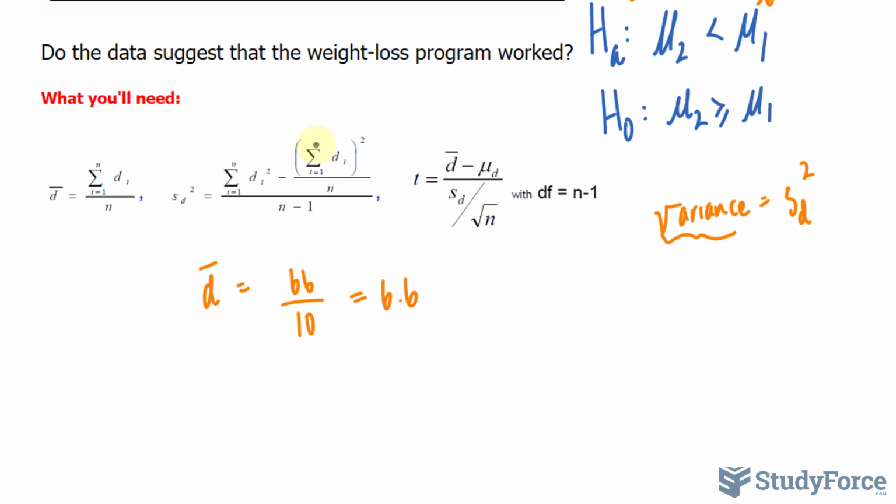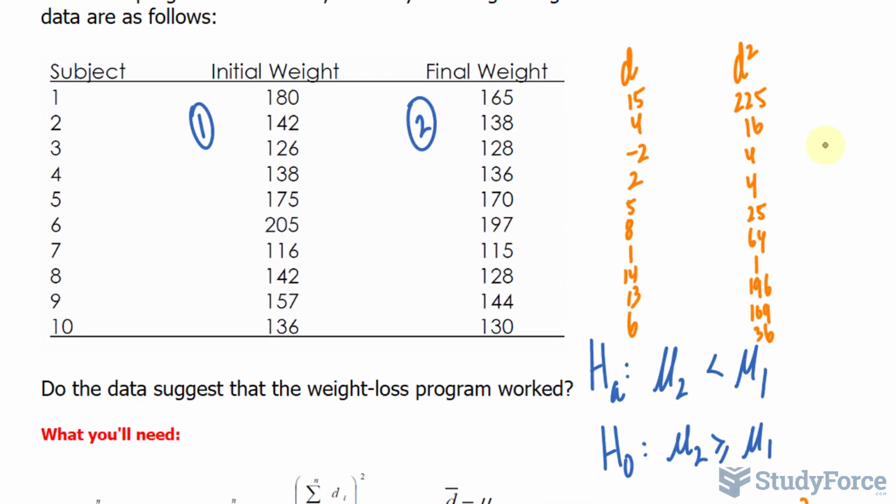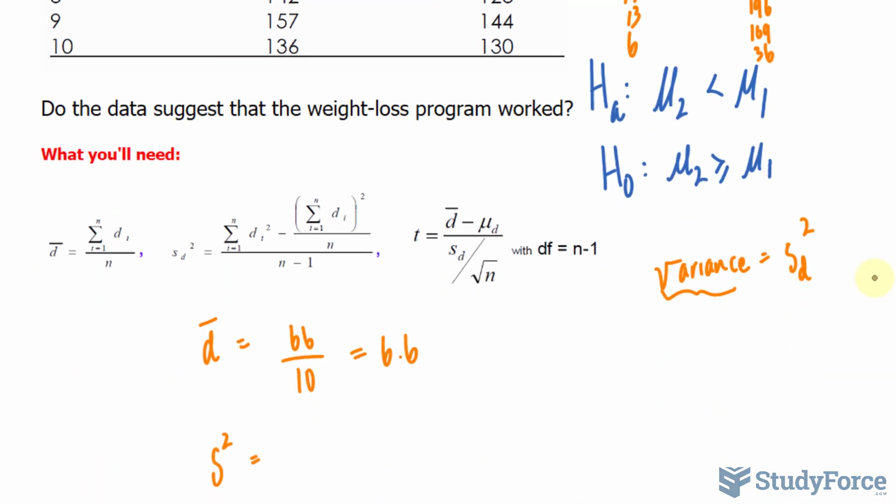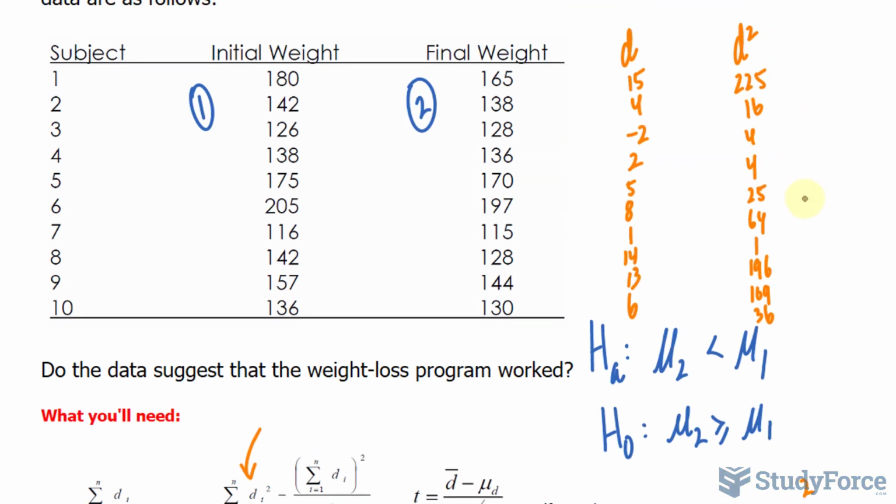Alright, now that I've said that, let's go ahead and calculate the variance, represented as s to the power of 2. That's equal to the sum of all of these numbers. That represents this part right here. Let's find out the sum of all of those numbers. If you sum them all up, you should end up with 740.